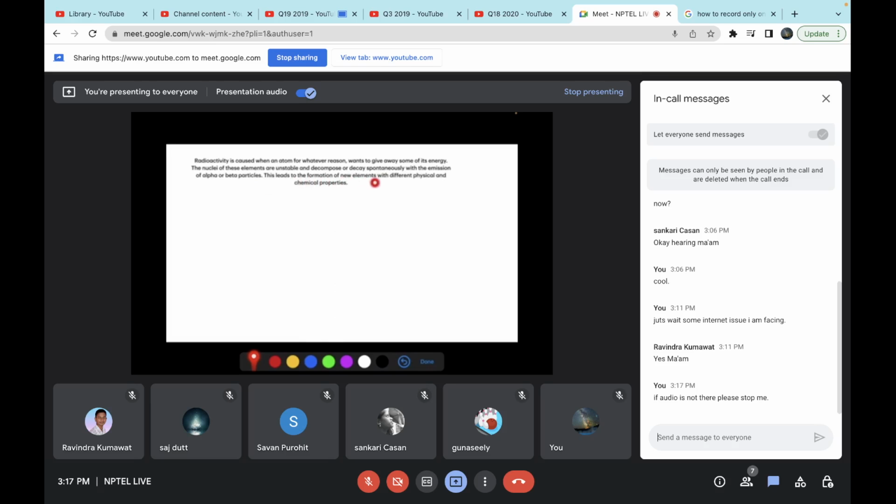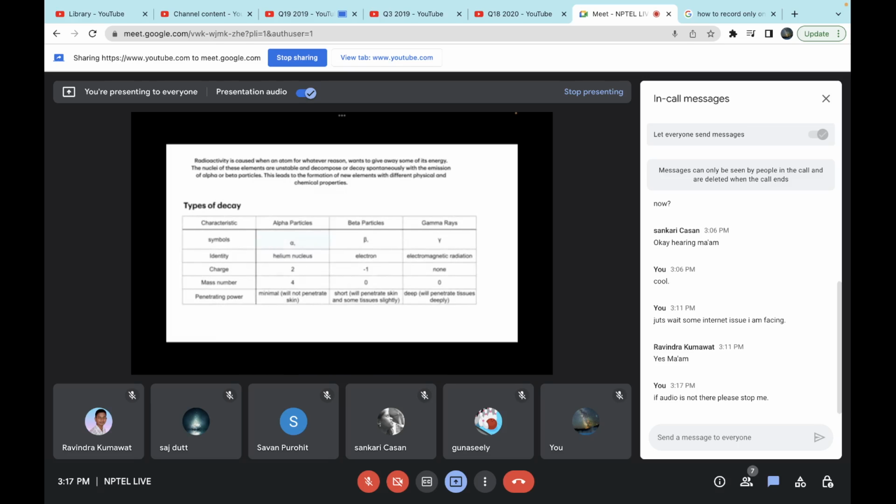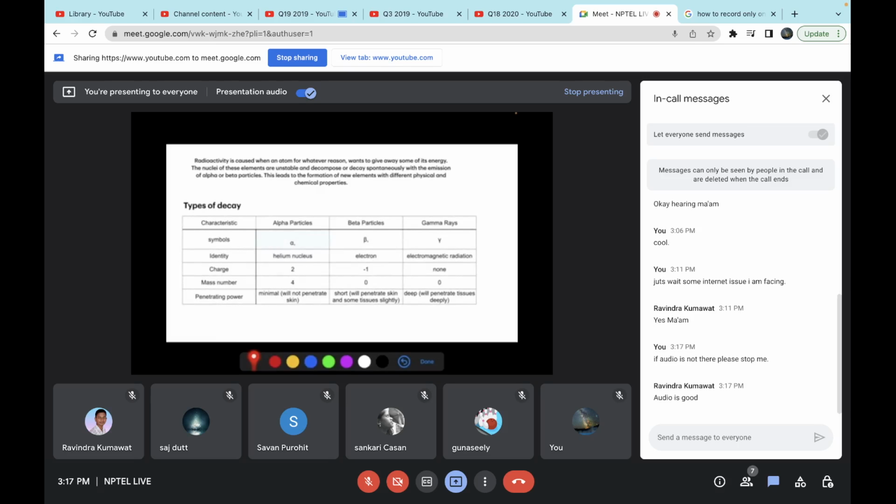This leads to the formation of some new element with different physical or chemical properties. Now, what are the types of decay? There are alpha, beta, and gamma rays. In this form, we observe radioactive decay.